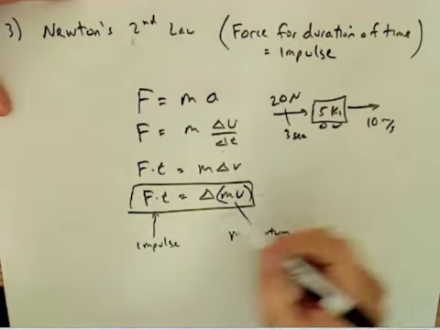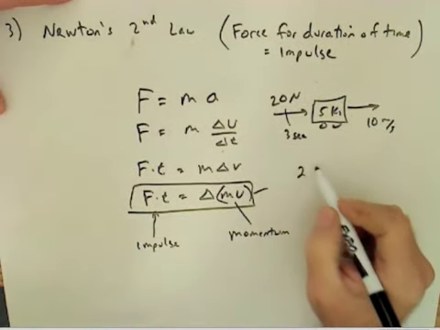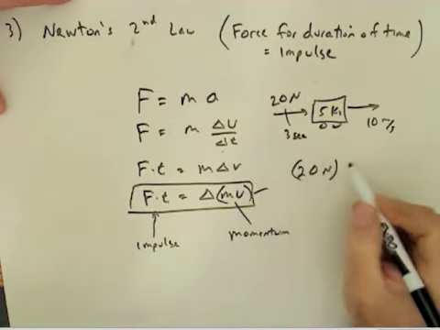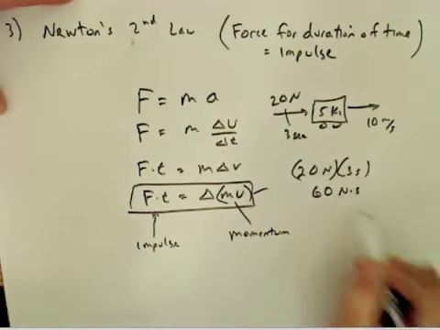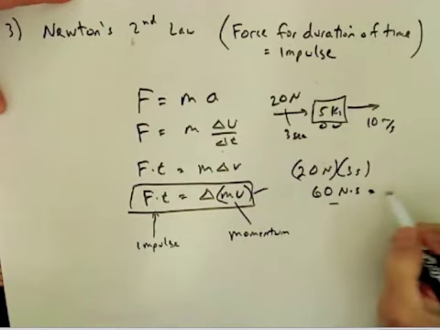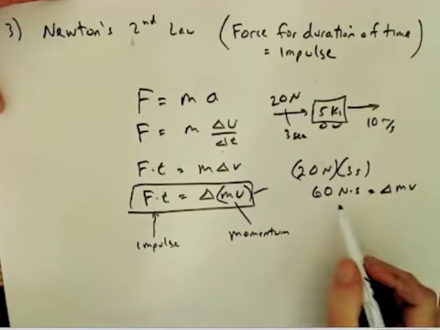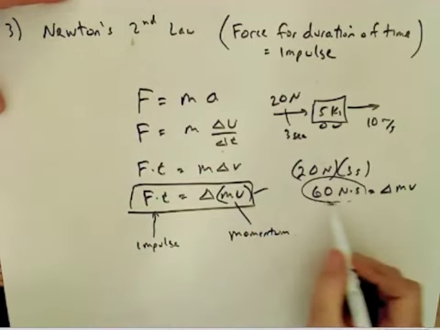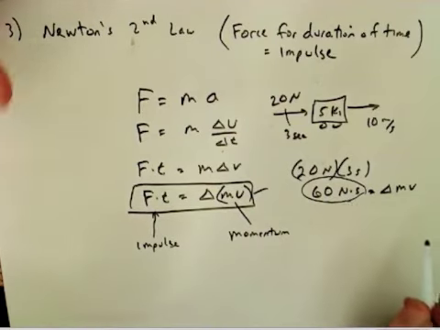Well, yes, because in this form of Newton's second law, you could say the impulse was 20 newtons times 3 seconds, or 60 newton-seconds. Now, there's no nickname for that. And that would equal the change in momentum. This would be a positive change in momentum, and Newton used to speak in terms of, it gained 60 momenta.